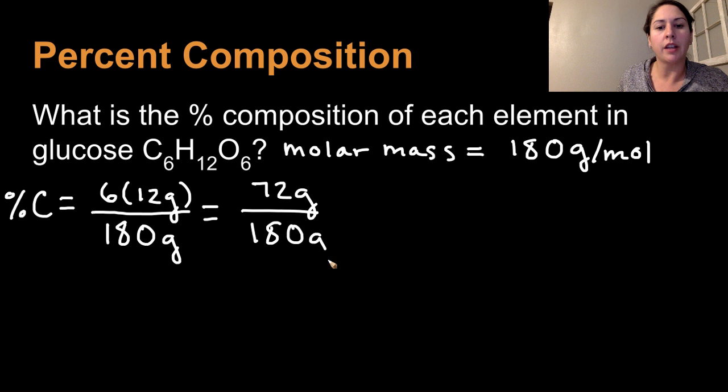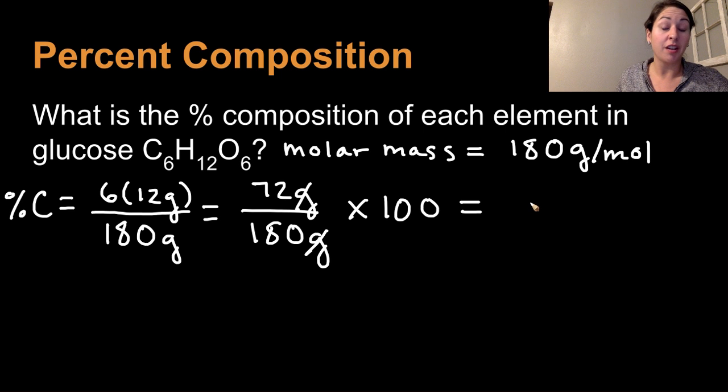Now, when we're doing this, the grams are going to cancel, and then I'm also going to multiply this by 100. Okay, so when I do that, I end up with 72 divided by 180. I do that first, I hit equals, and then I multiply by 100, and I get that this is going to be 40%. So 40% of glucose is actually comprised of carbon.